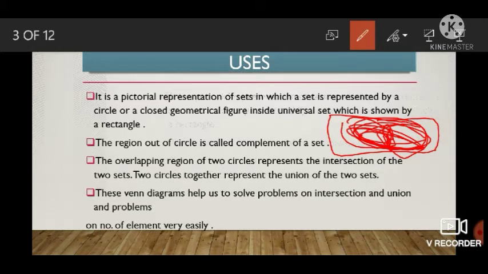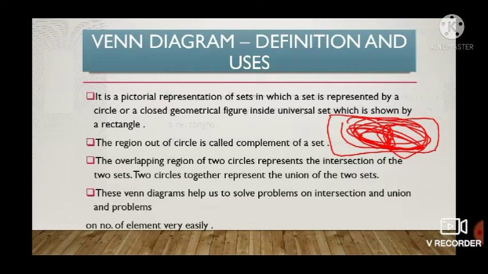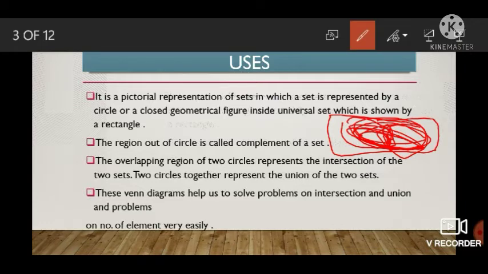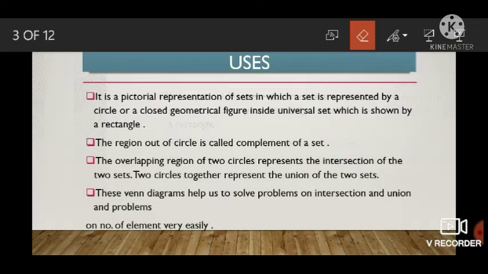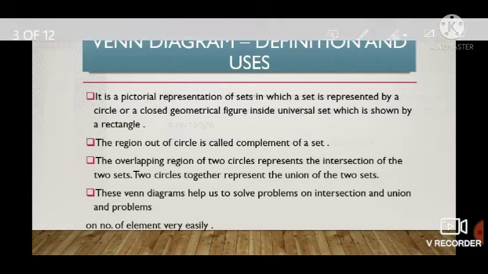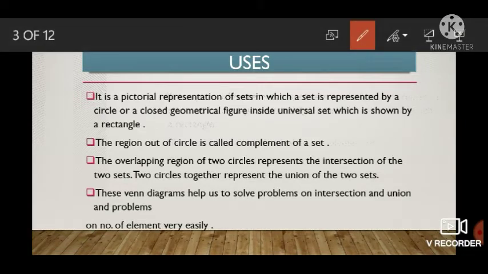Now basically, what is the use of a Venn diagram? Why do we make them? We can easily solve problems on set theory by the theoretical part, but these Venn diagrams are very useful when we have problems on intersection and union of sets and number of elements, when we have to find the number of elements in any set, and when we have 2, 3 or 4 sets and we have to find the solution.